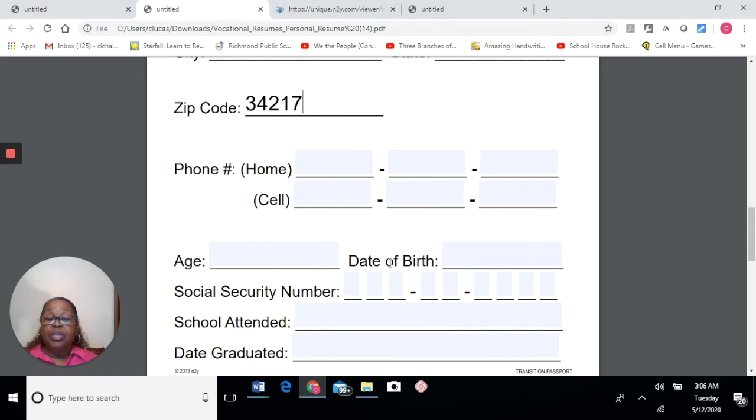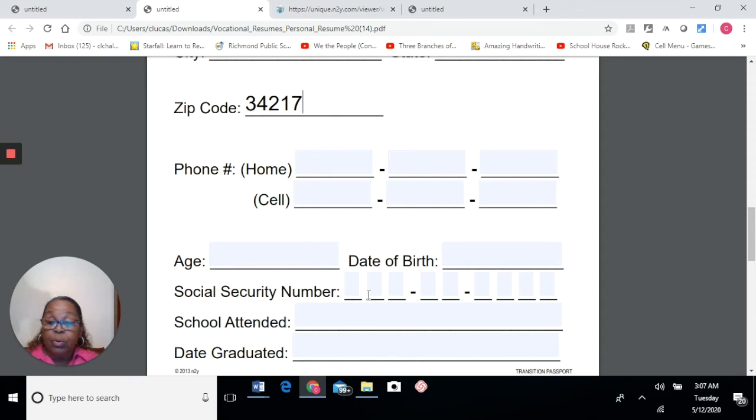Your age and date of birth, all of that is very important. Your social security number. Now, you need to have your social security number. Usually it's on a card, but you never ever give anybody your social security number unless you know that it is safe and secure.